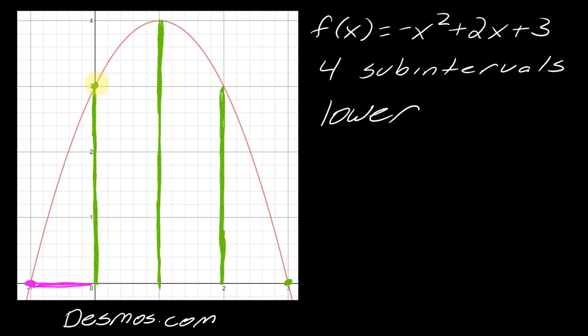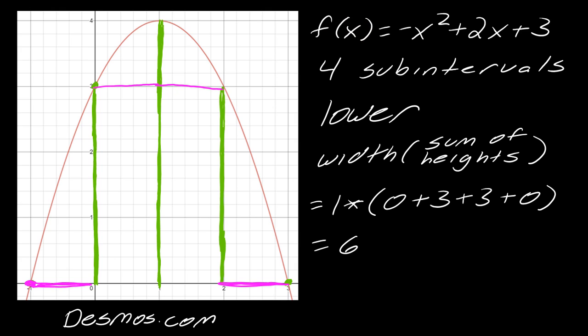The lower of the two would be this point here. So here's my next one. And then I can continue that pattern. So here's how my rectangles look in this case. And so then here's how I do my lower sum. I just do the width times the sum of all the different heights here. So this is the height of 0, 3, 3, and 0. So there's all the work for that particular sum.